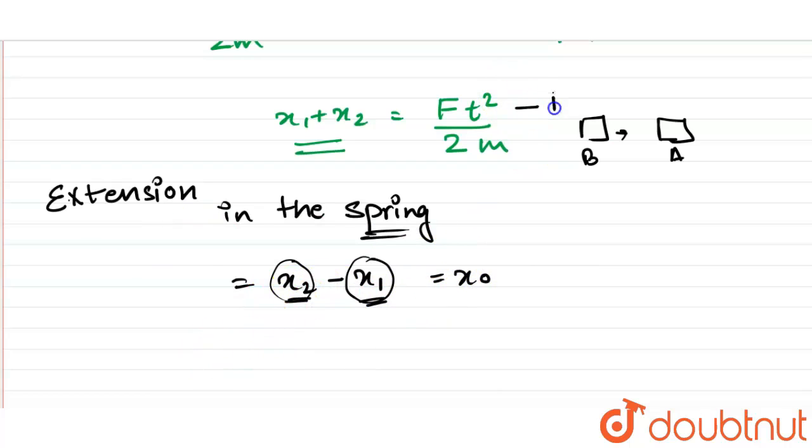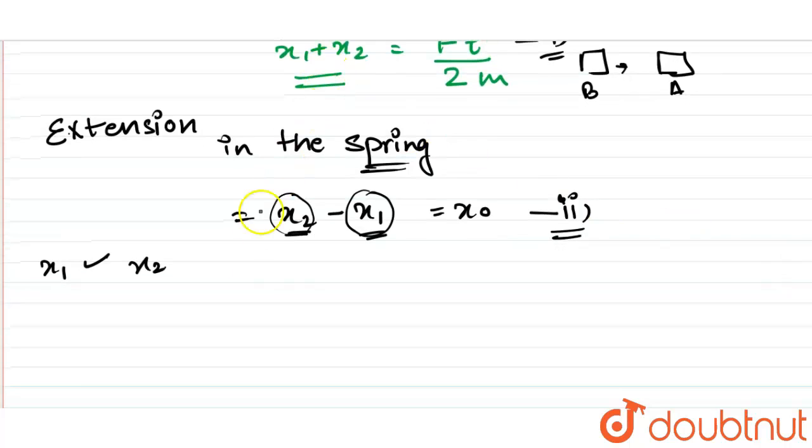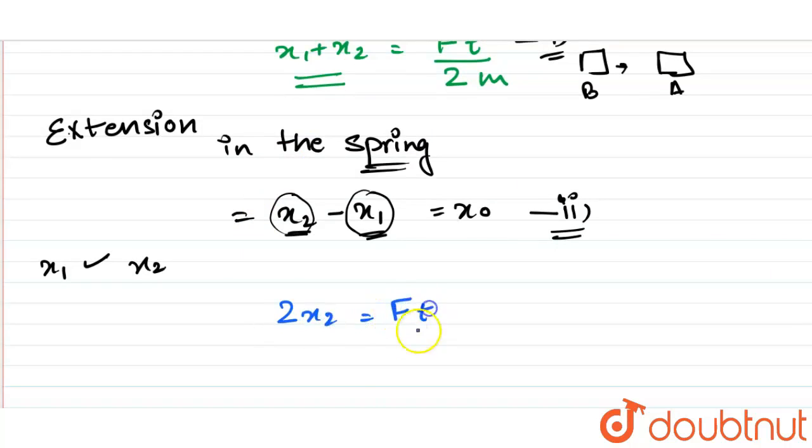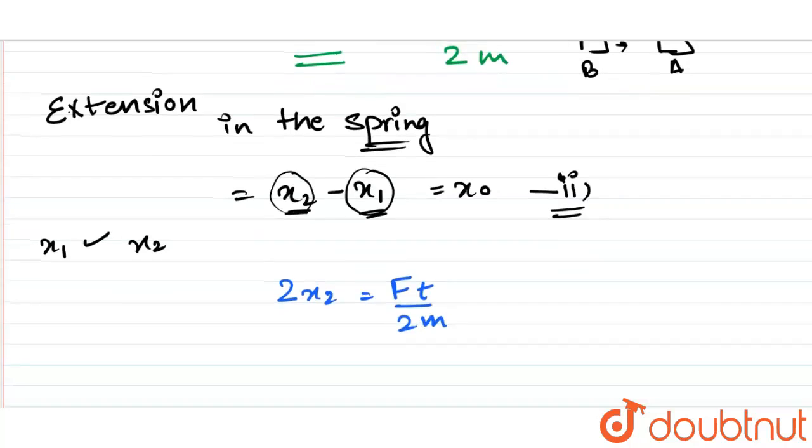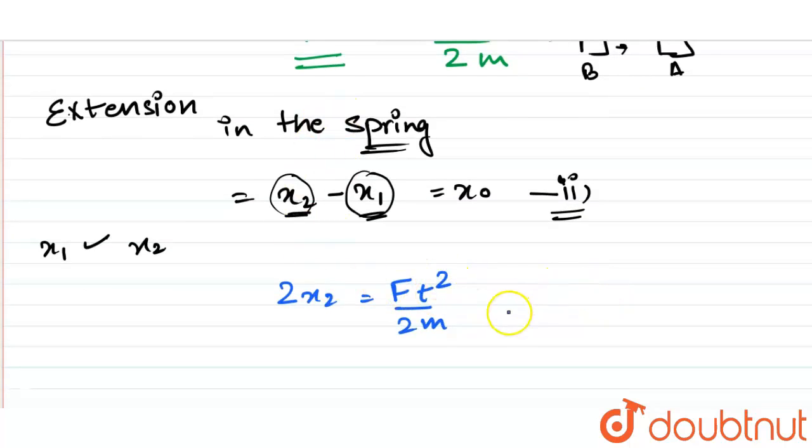So from here there are two equations, x1 plus x2 is given, and then x2 minus x1 is also given. We can find out the values of x1 and x2 by adding and subtracting these two equations. Suppose first of all we add these two equations, then we will get the value of x2. So 2x2 comes out to be F t square upon 2m plus x naught.